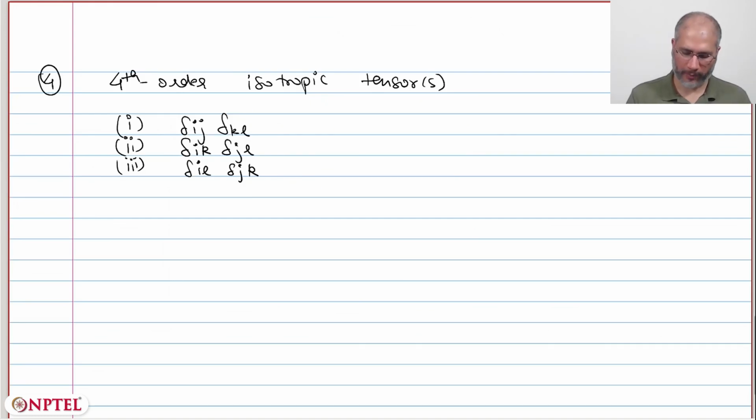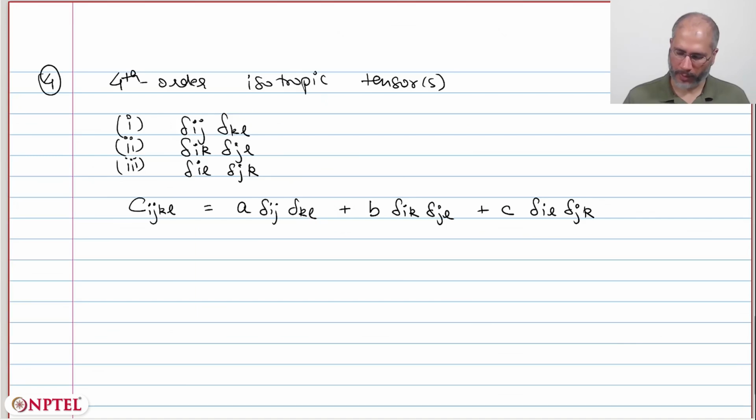Now in general, if Cijkl was a fourth order isotropic quantity, we would write that as a linear combination of these three most generally. So we'll say it's A times delta ij delta kl plus a constant B times delta ik delta jl plus a constant C times delta il delta jk, where A, B and C are constants.